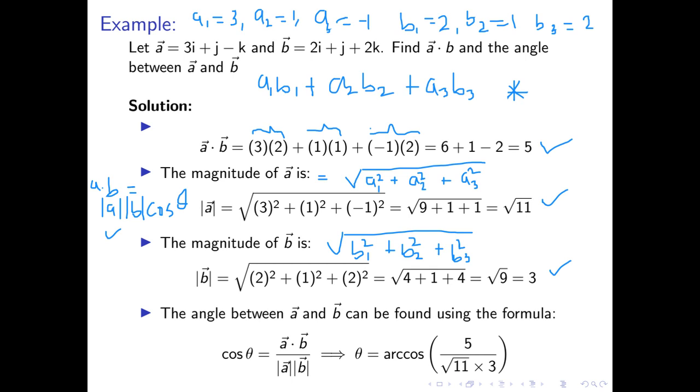We have obtained the magnitude of A, the magnitude of B, and also A dot B. All we need now is to obtain the angle.